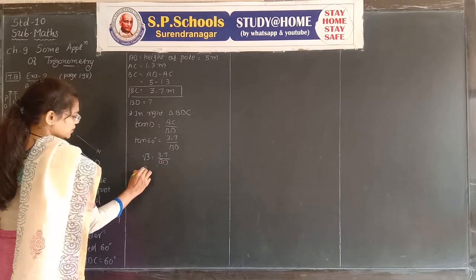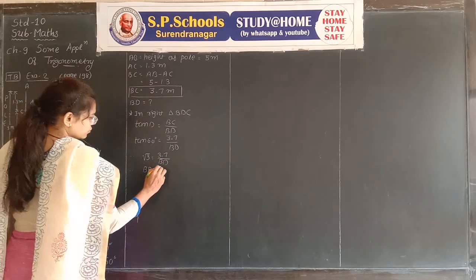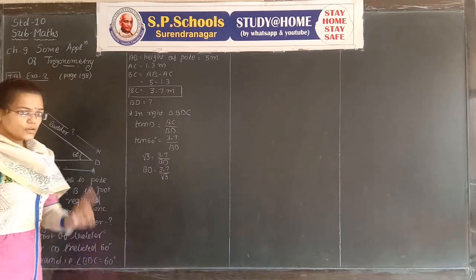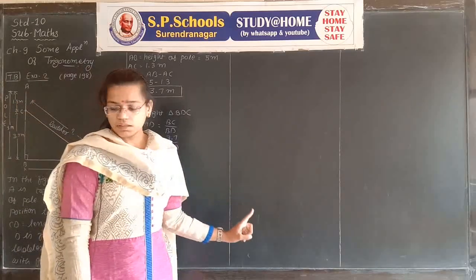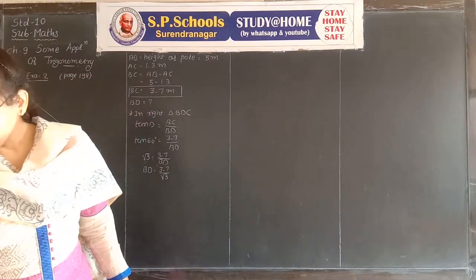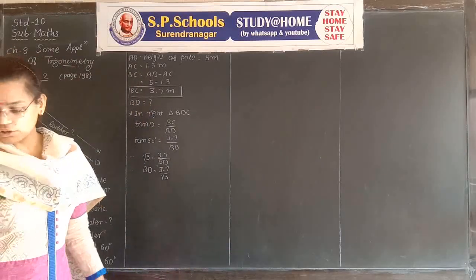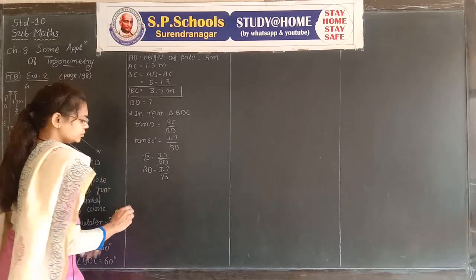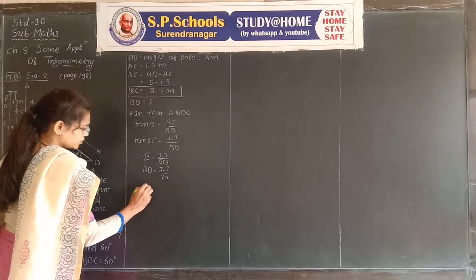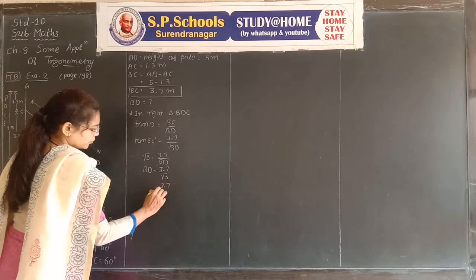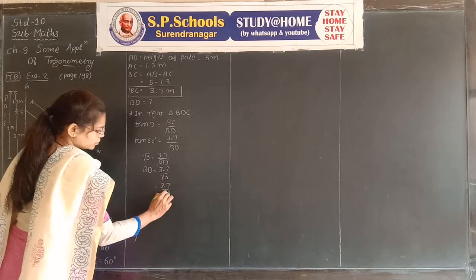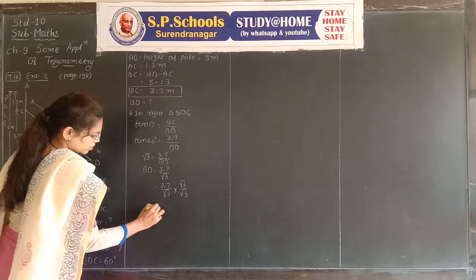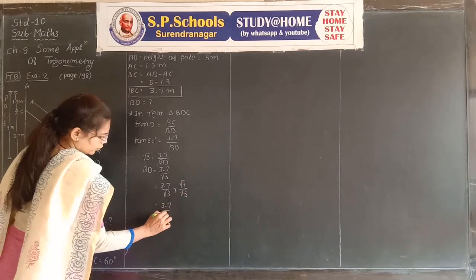Now make BD the subject. BD is equal to 3.7 upon root 3. Don't substitute the value of root 3 in the denominator yet. In this question, the value of root 3 is given as 1.73, but first of all, do the rationalization of the denominator. Multiply and divide by root 3: 3.7 root 3 upon 3.